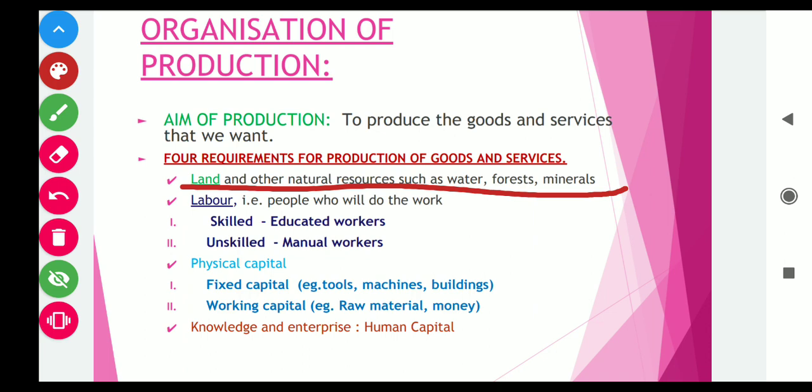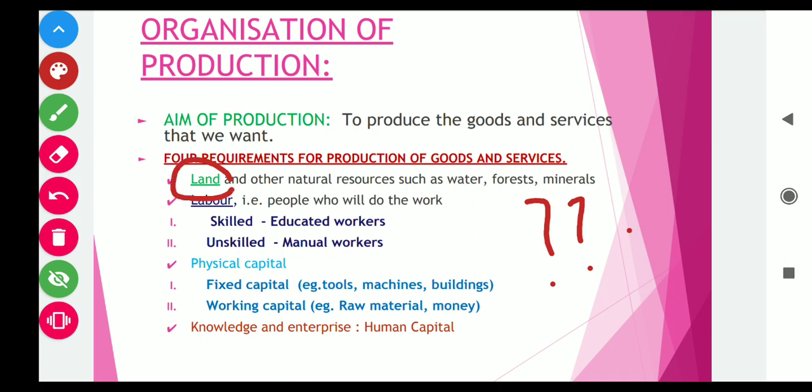Children, what is the first thing that we need if we want to start an industry, a school, an office, or production in farming? That is the first thing required is land. So land is the first requirement of production.